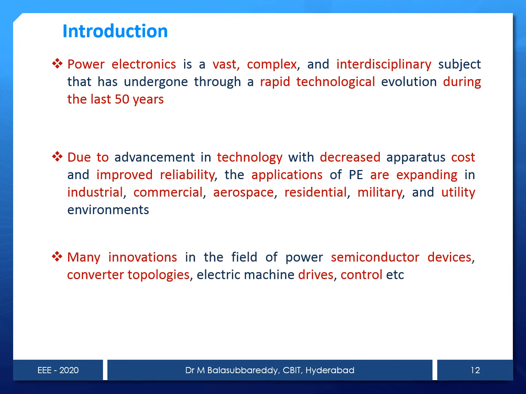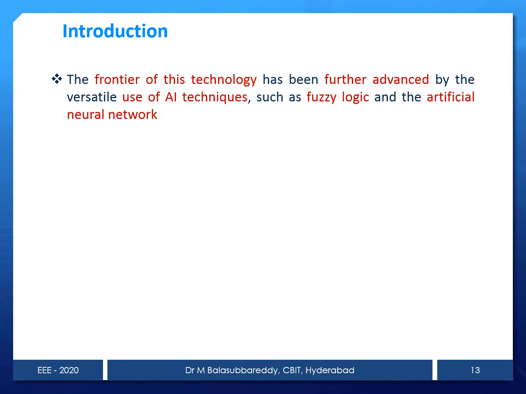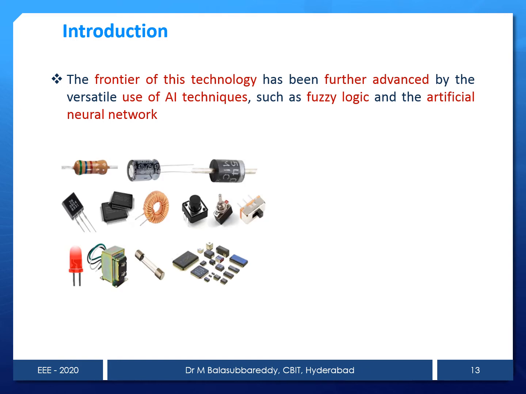So many applications are involved. There are many innovations in the field of power semiconductor devices, converter topologies, electrical machine drives, controls, and different applications. Still there is a lot of improvement in power electronics. There are also AI technologies such as fuzzy logic and artificial neural networks that can be used for these applications.